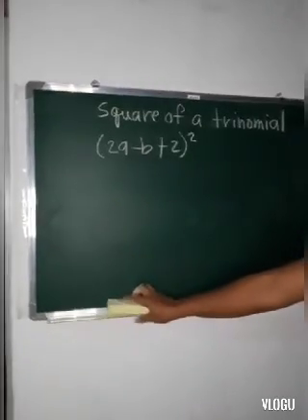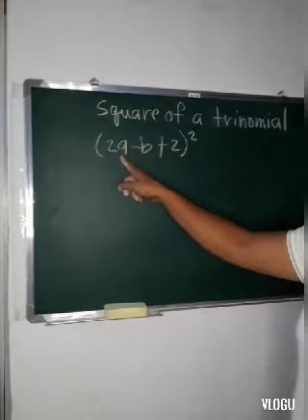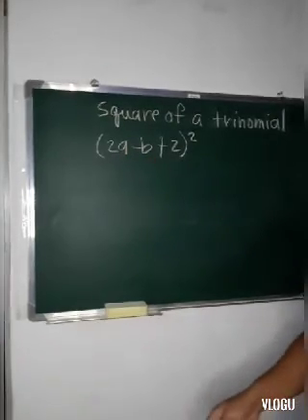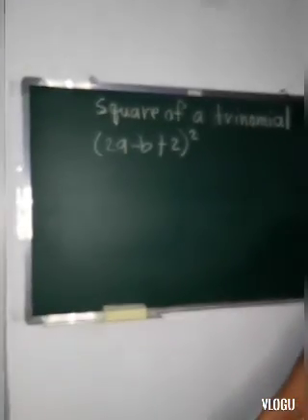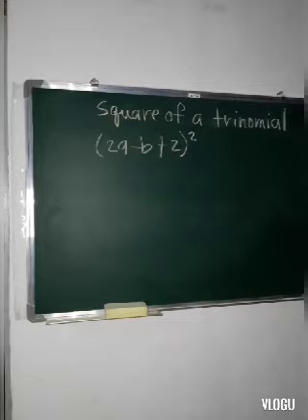First, we're going to square all the terms: square, square, square, and then multiply the numbers that can be paired.